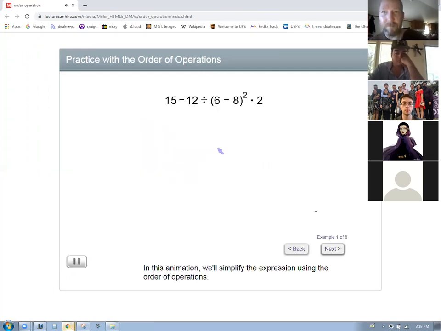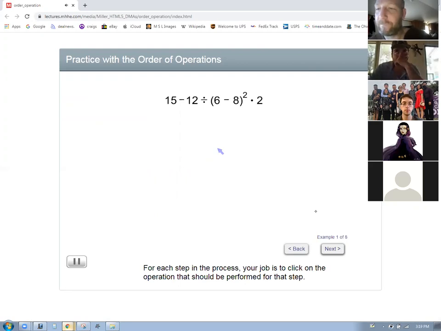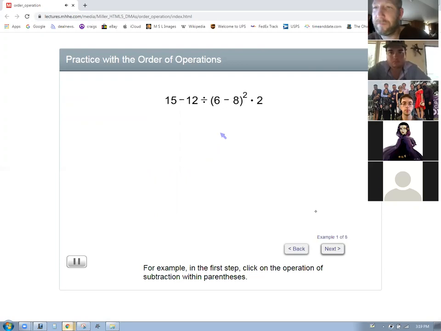In this animation, we'll simplify the expression using the order of operations. For each step in the process, your job is to click on the operation that should be performed for that step. For example, in the first step, click on the operation of subtraction within parentheses.